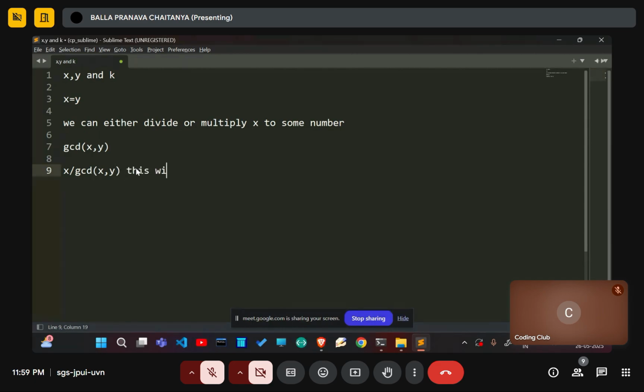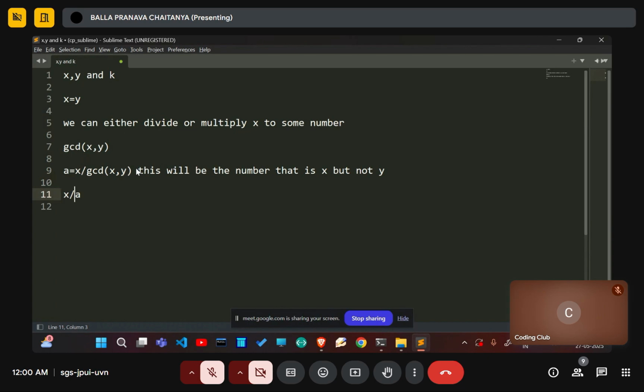This will be the number that is in x but not in y. Let this number be a. We have to divide x by a, because that number is not in y. And similarly, for the number which is in y but not in x, let that number be b. So b will be equal to y upon GCD of x comma y.